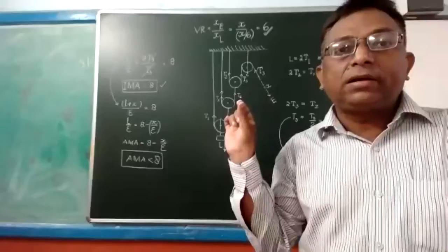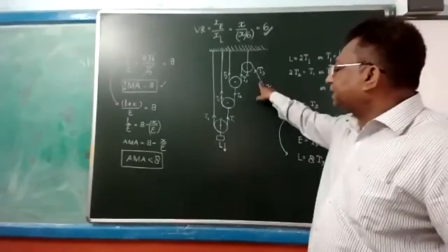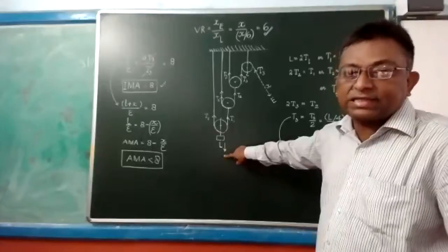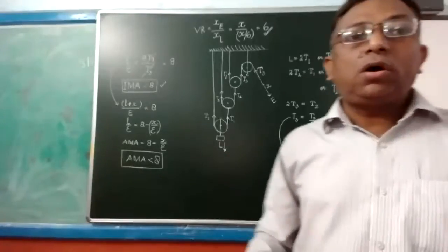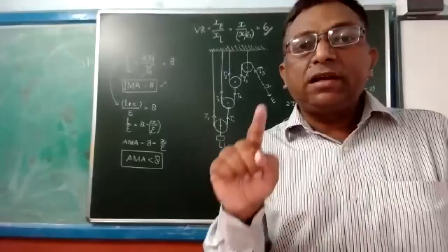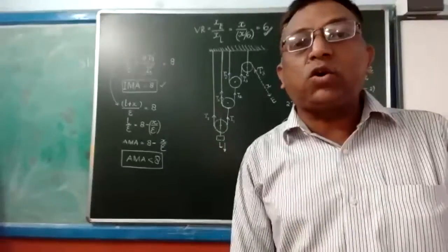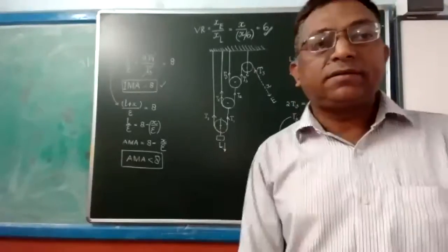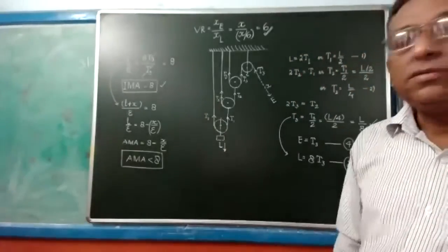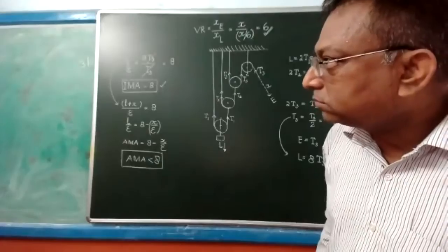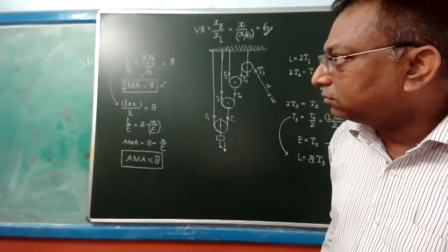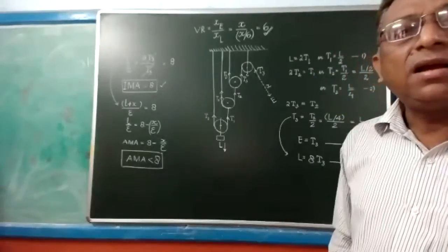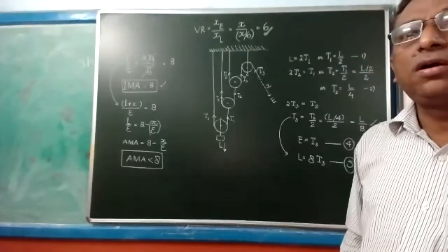If the effort is applied through distance x, then the load gets displaced in the upward direction through how much distance? X by 6, not x by 2, not x by 3. Sir, I mean to say that the load will get displaced by a distance of x by 8, no? No, it is wrong.